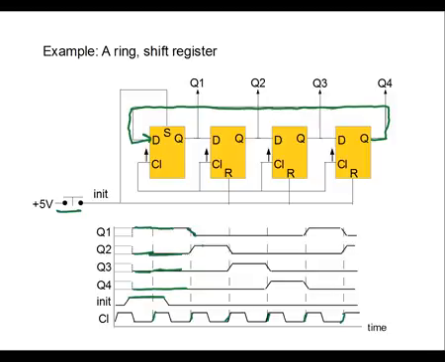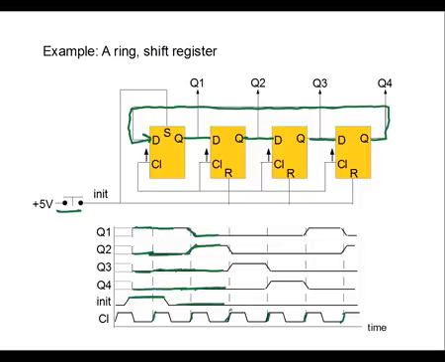What does Q2 do? Because of this line, Q2 assumes the value of Q1. Q3 assumes the value of Q2, and Q4 assumes the value of Q3, because of this line and that line, respectively. So we go along here where the flip-flop preserves the state until the next clock activity.